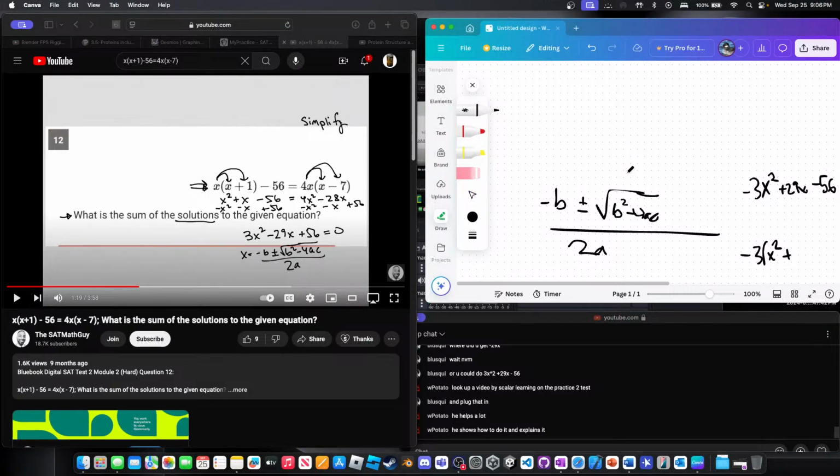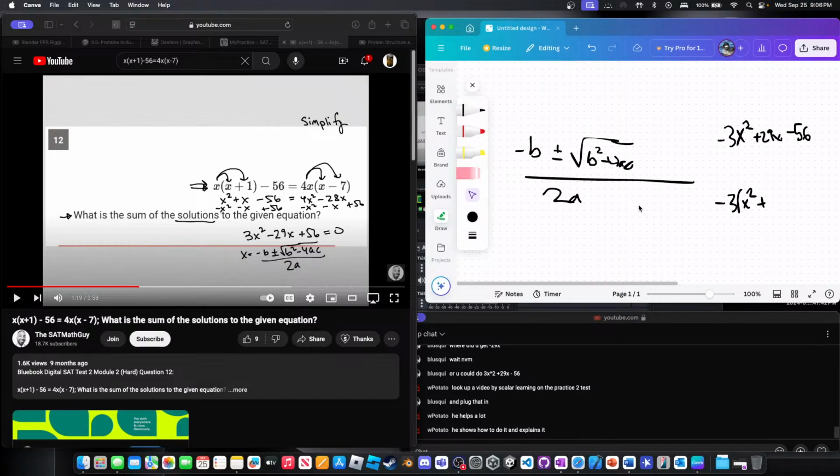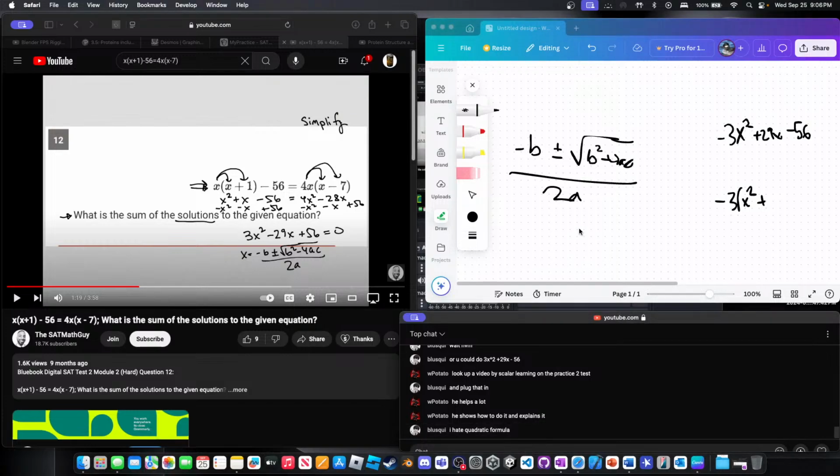Okay. Well, let's see if we can do it like this. This is what I'm talking about, guys. I want to do it like the mathematical quadratic form. I want to remember it, but it's not that easy to remember. Right. So okay, we're gonna plug in our values here.